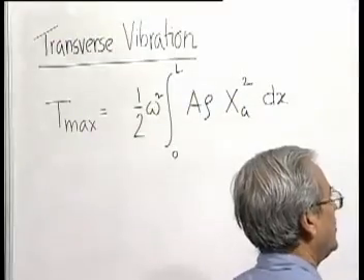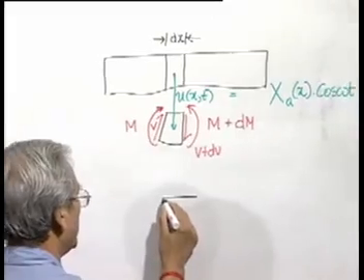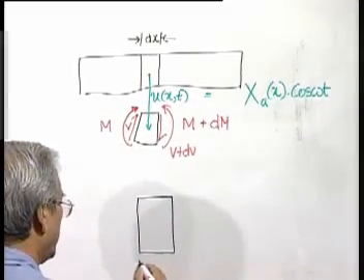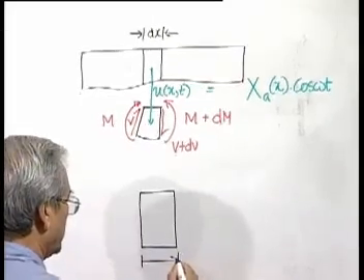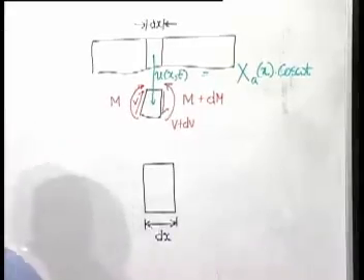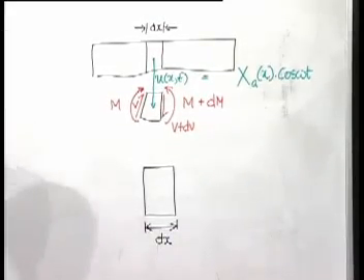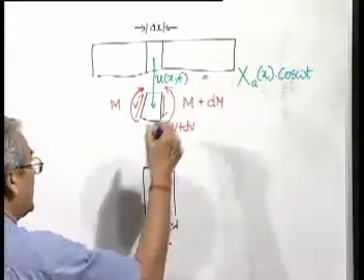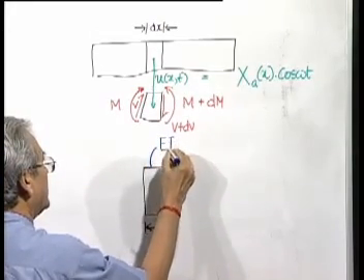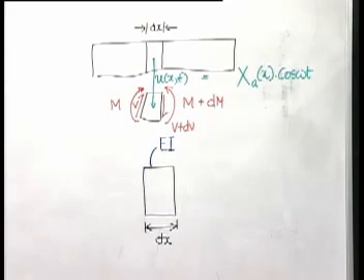element. Now, we all know that if the element is like this, its length is dx. Its flexural rigidity at this particular location, it will vary along this path, but flexural rigidity is say EI. That means E is the modulus of elasticity of the material and I is the second moment of area. Now, this is subjected to a bending moment.